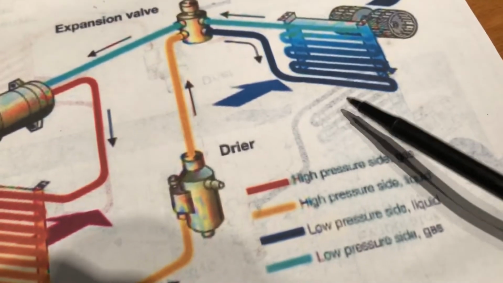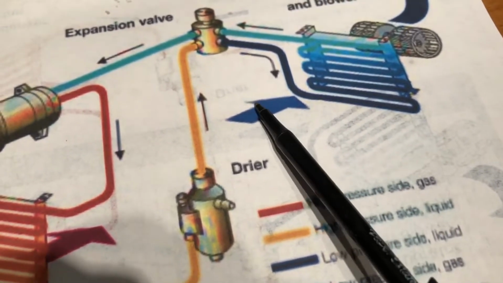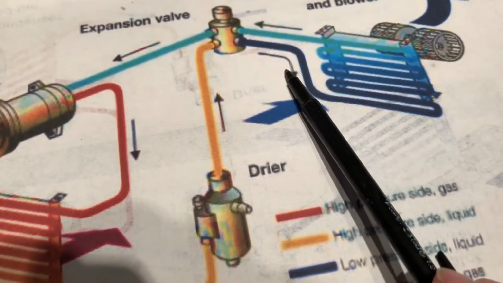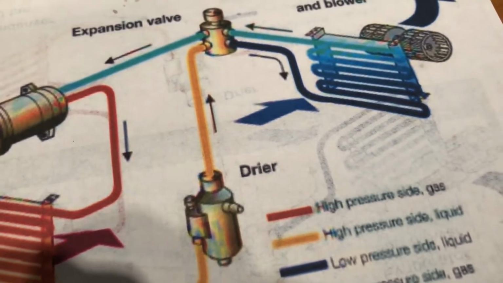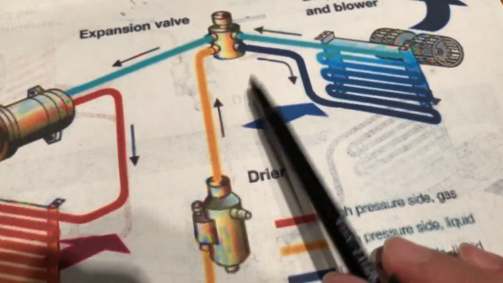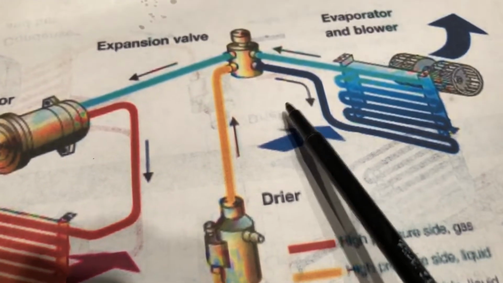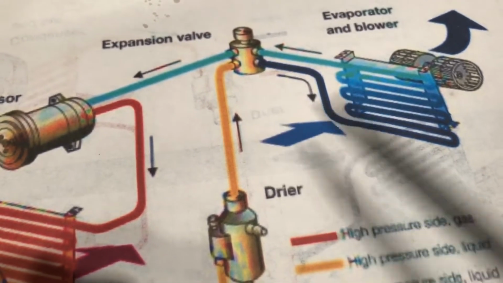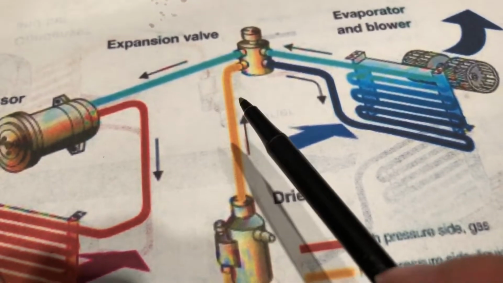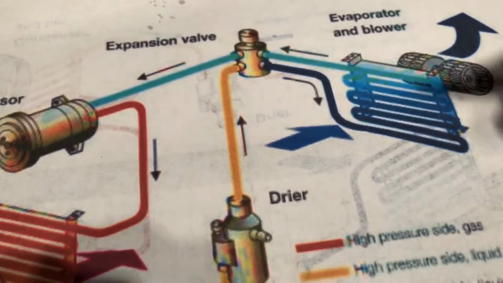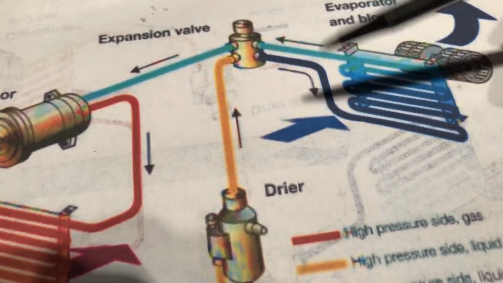So this is still liquid here, but honestly, it is a sort of mix. In a perfect theoretical world, this is going to be liquid, like what we have here. And what happens is, once it goes through that little hole, there's a really big decrease in pressure.